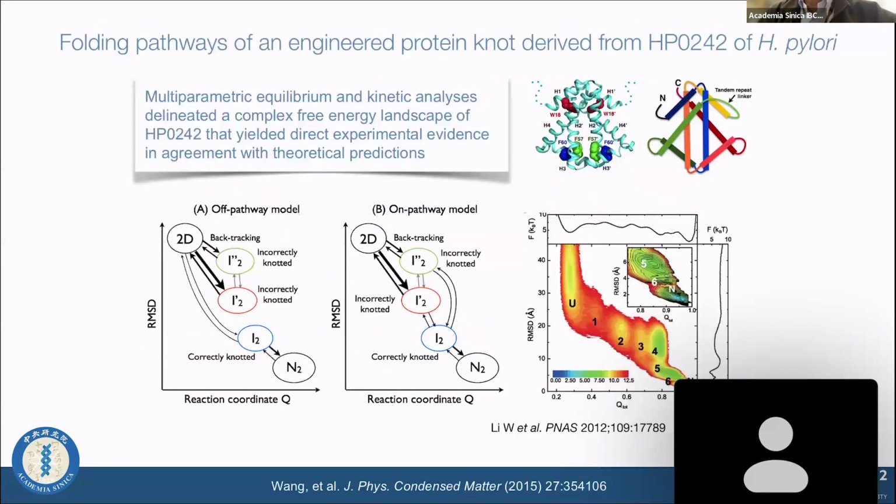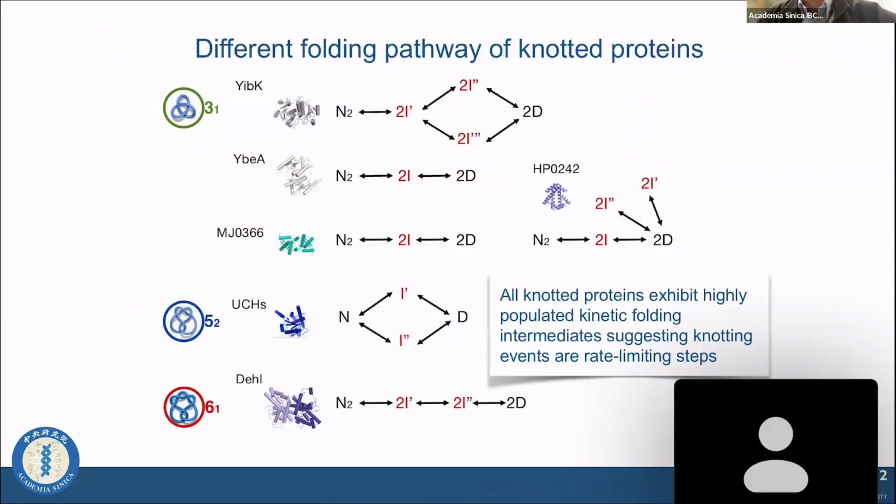In the other example, we can even map out the reaction coordinate as a function of the structural RMSD, and our experimental finding matches very well with the simulation results that were published before us.